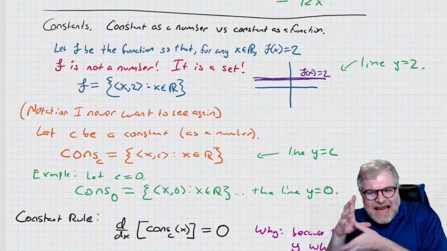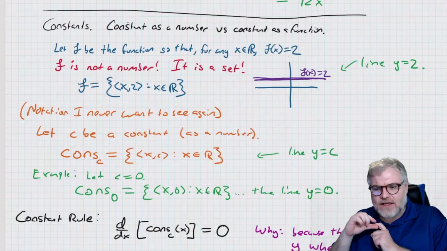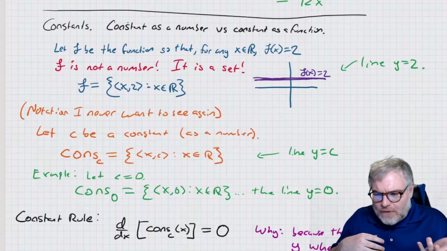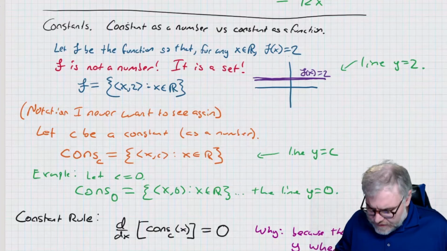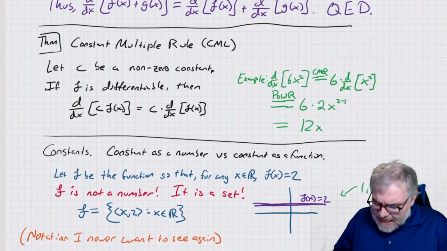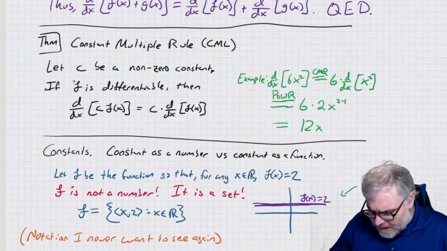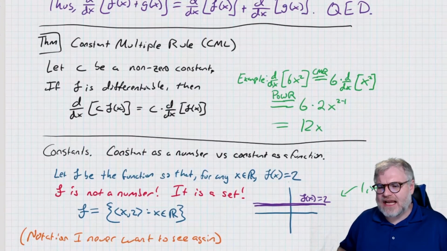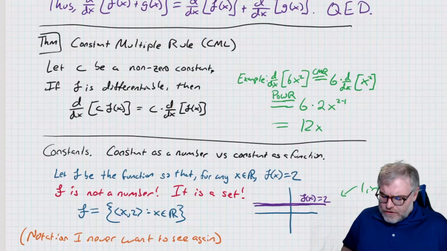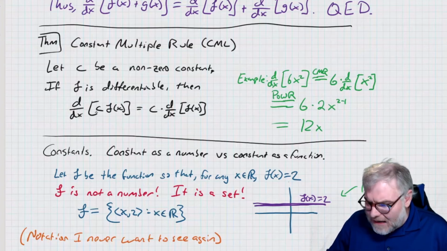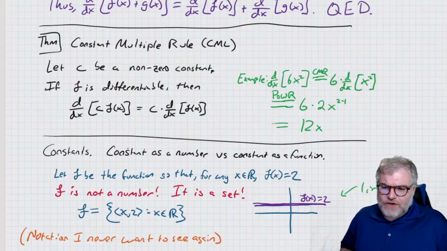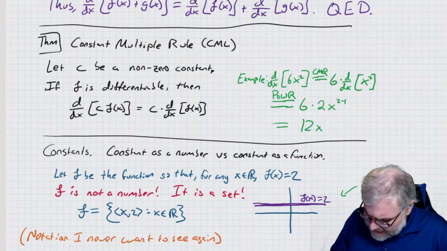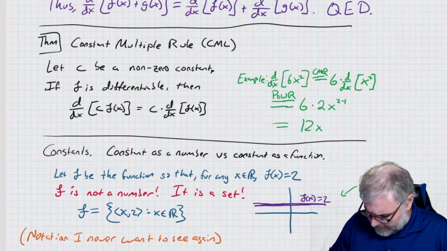You have to abstract away a little bit so that you don't confuse numbers with functions. So up here, when I had the constant multiple rule, c in this case is being treated like a number. The rule says that if I have a number c in front of some differentiable function f of x, I can pull the c. Here c is being treated as a number.